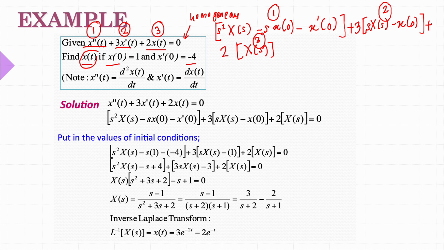Now let's substitute the values they already mentioned. The value of x(0) is equal to 1, and the value of x'(0) is equal to -4. Once we have substituted, we will obtain this.